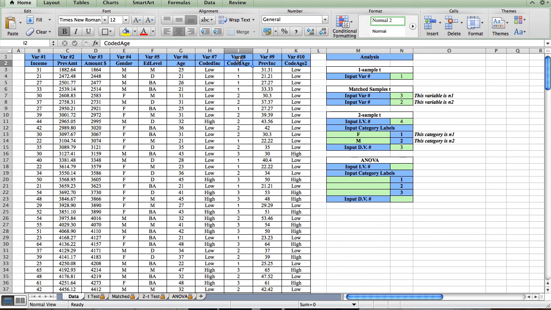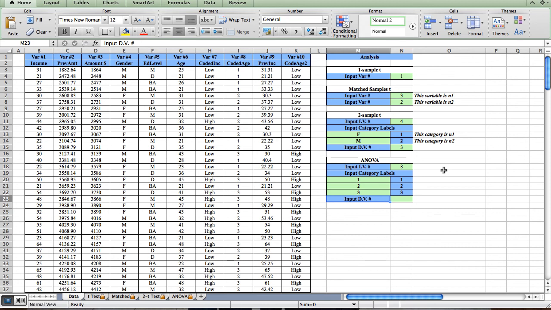And I'm choosing this variable because we have coded or grouped the ages of our cardholders into 3 groups, category 1, category 2, and category 3. So I input the variable number 8, but I also have to input those category labels.